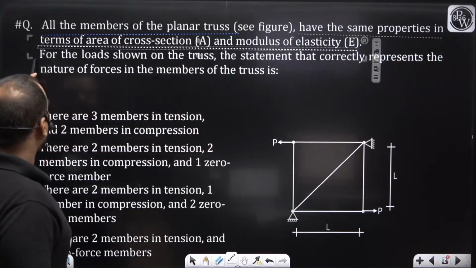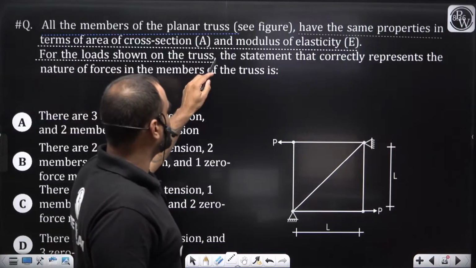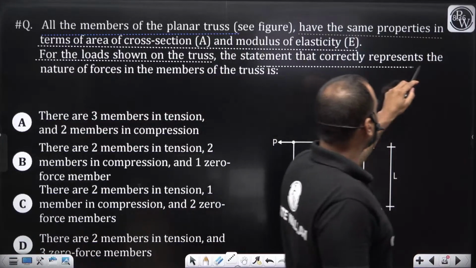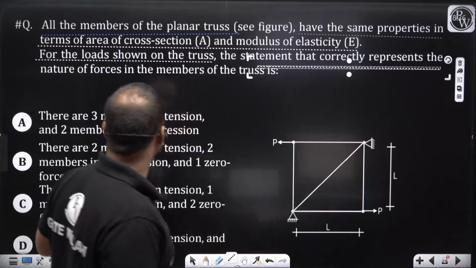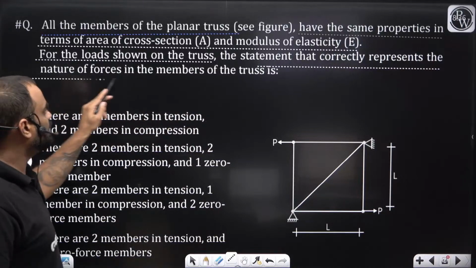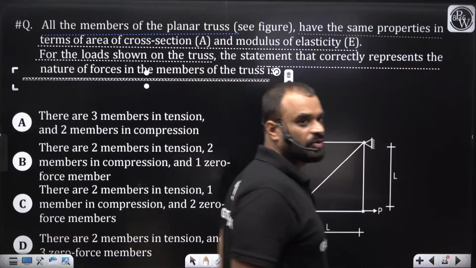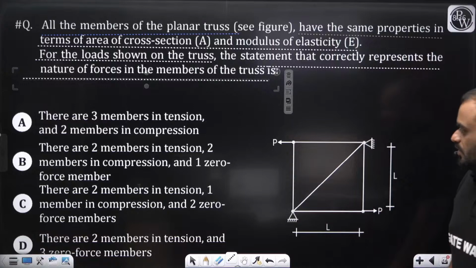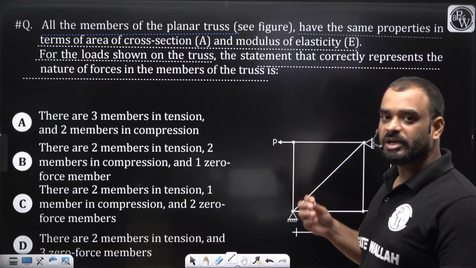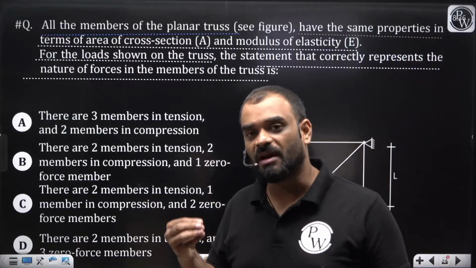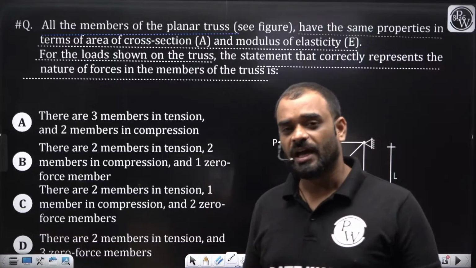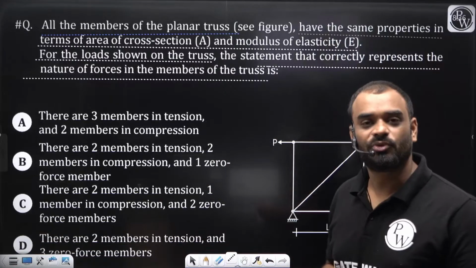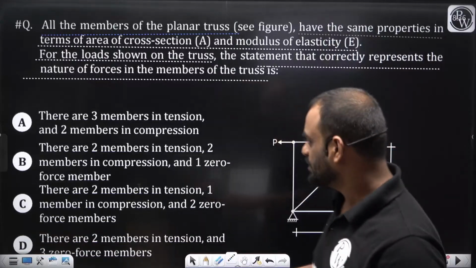Now, for the load shown on the truss, the statement that correctly represents the nature of the forces in the members of the truss is, you need to tell me how many members are taking tension force, how many members are taking compression force, and how many members have zero force, right? So that is our question which is given to us.